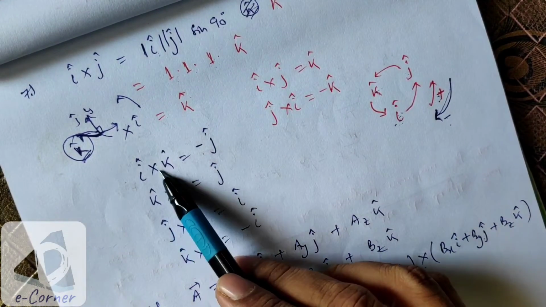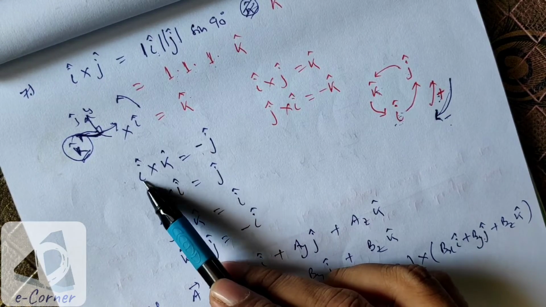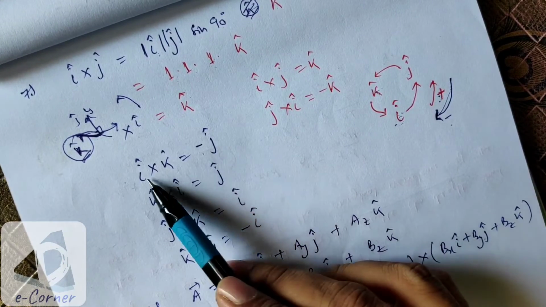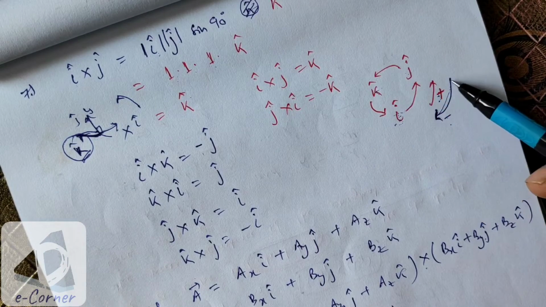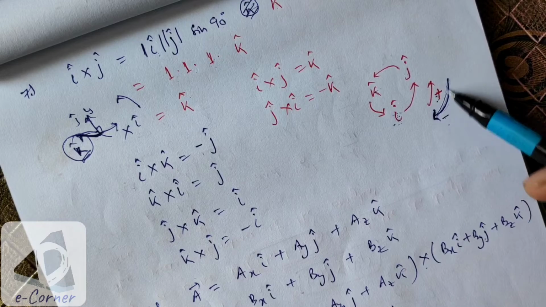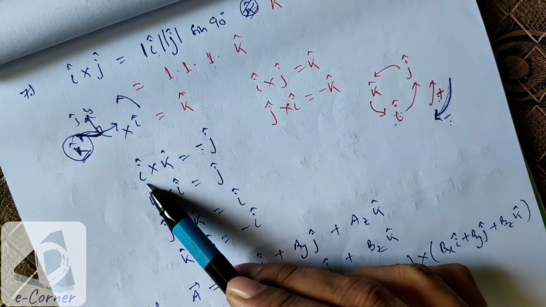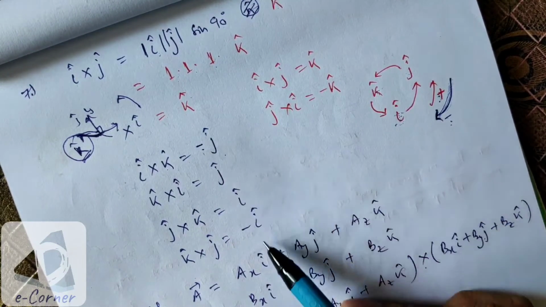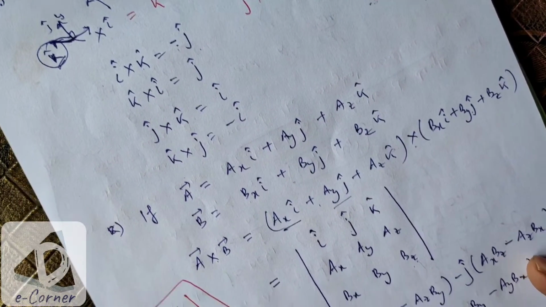So whenever I cross K is given, you write what is left: I and K are given, so J is left, so you write J. And for I to K, the rotation is clockwise, and whenever the rotation is clockwise we consider negative, so I cross K is equal to minus J. Like this you have to solve and just remember it for your numericals.